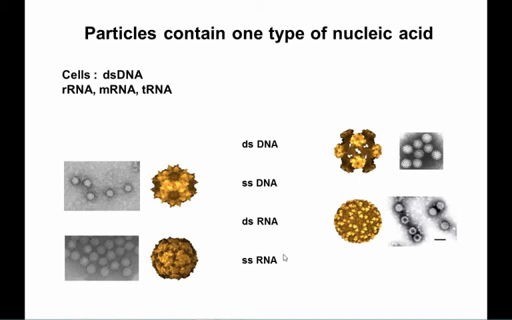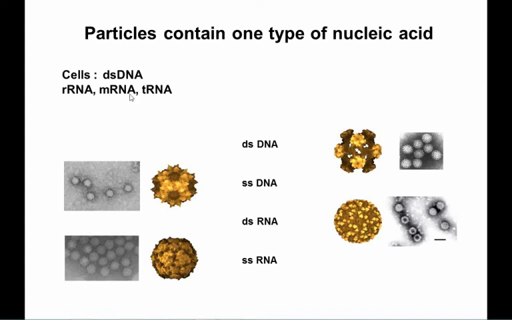And another one that Lwoff noticed was one type of nucleic acid. So if you look in a bacterial cell, any kind of bacterial cell, even if it's very, very simple, even if it's an elementary body of chlamydia, even if it's an endospore, which has no metabolic activity, you will always find that the genome is double-stranded DNA, and that even the simplest kind of cell has got ribosomal RNA, transfer RNA, and messenger RNA.